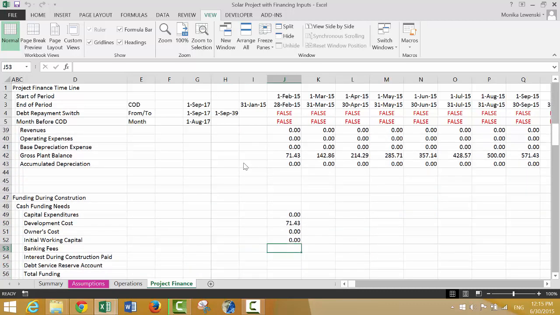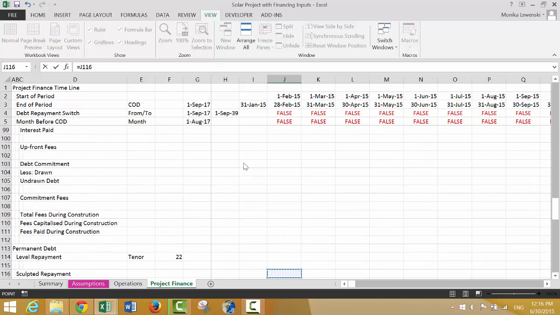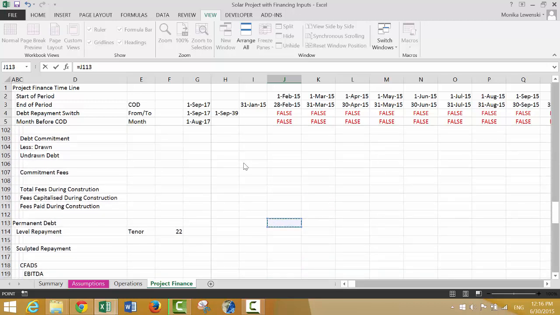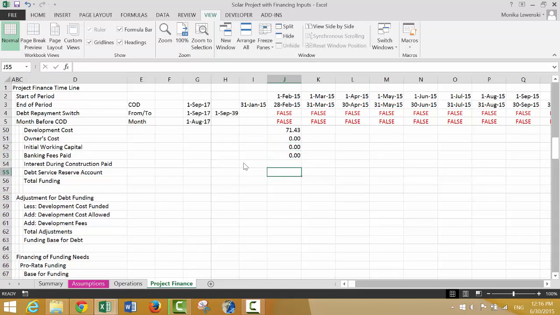Now the banking fees, we should put this, the banking fees paid. This is like a lot of issues in financing the model. If you lay everything out, because we have some circular reference issues, once you lay something out, then you can pay it.